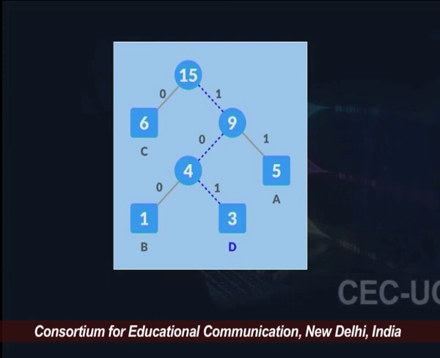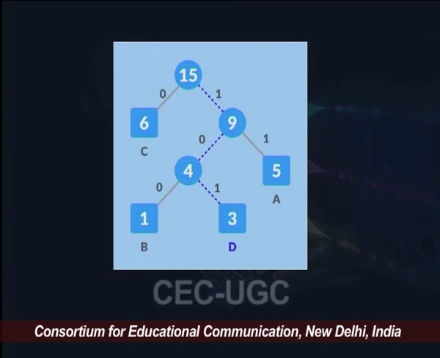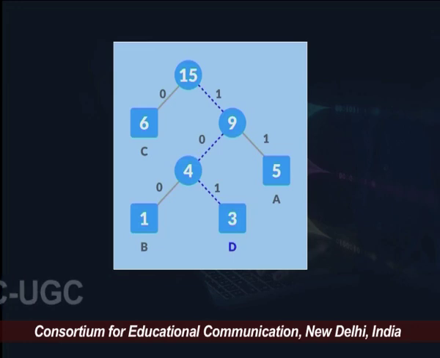Going in the up direction, we look for the edge which is representing 0, then we have between 4 and 9, or even if we start from 15, we have 1 0 1. We can traverse it from the root, and the better idea here is to start from the root.